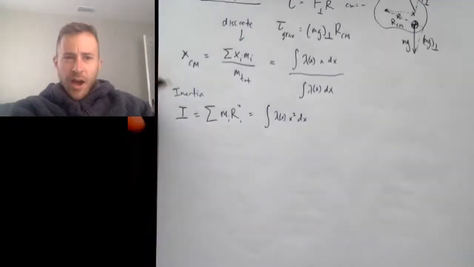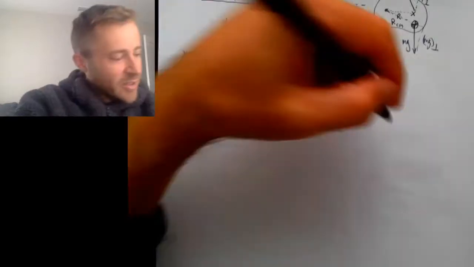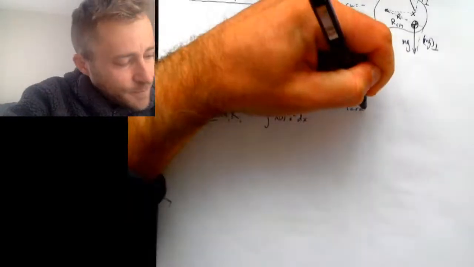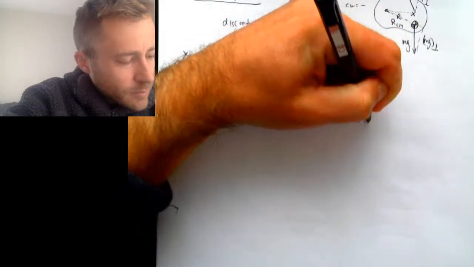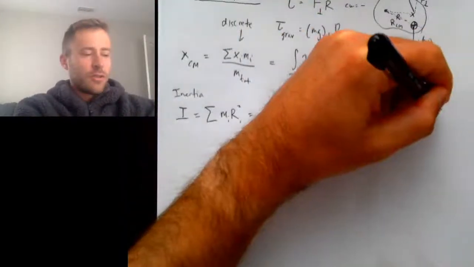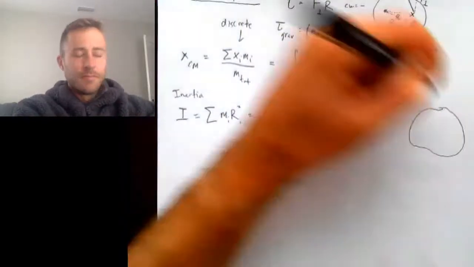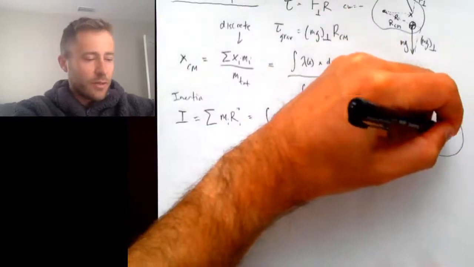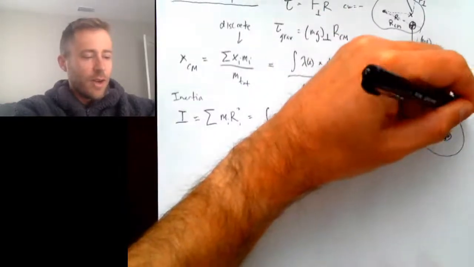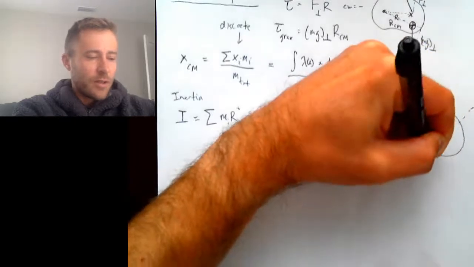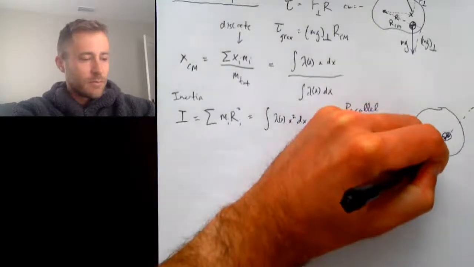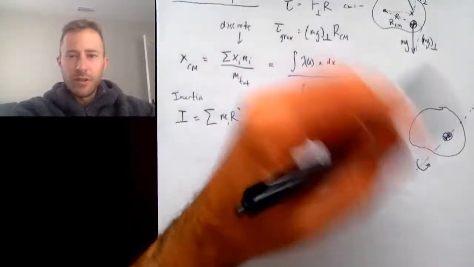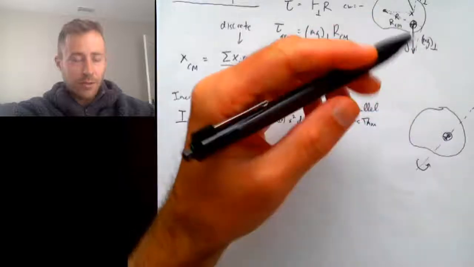We learned an important theorem. It's called the parallel axis theorem. Let's say you have a blob, and here's the center of mass of the blob. You have an axis of rotation that goes through the center of mass, so there's a certain inertia associated with that axis of rotation.